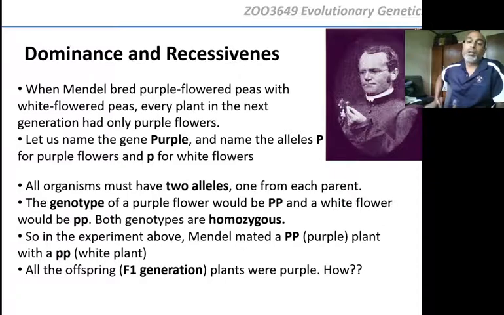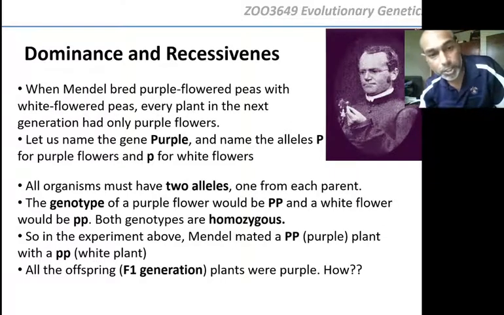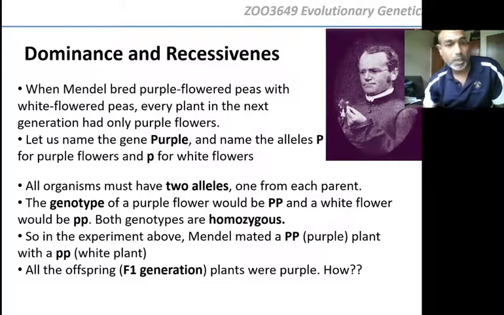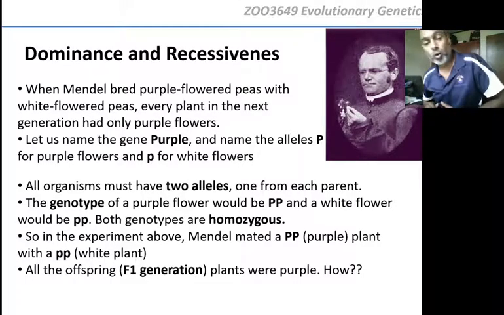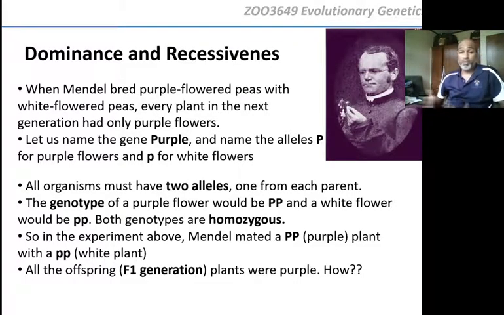And if you look at the purple flower gene, the P gene, all organisms have to have 2 alleles, one from each parent, right? So a purple flower would be big P, and a white flower would be small p.